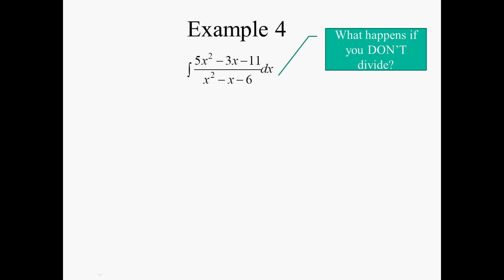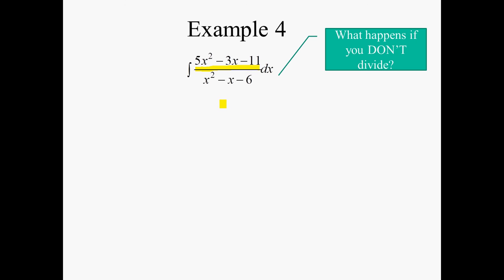So, again, here's an example where you have to recognize a lot of things. First, you have to say, I have a quotient. Then you have to say, can I unquotient this? Does it factor and cancel? Is u substitution something to do?